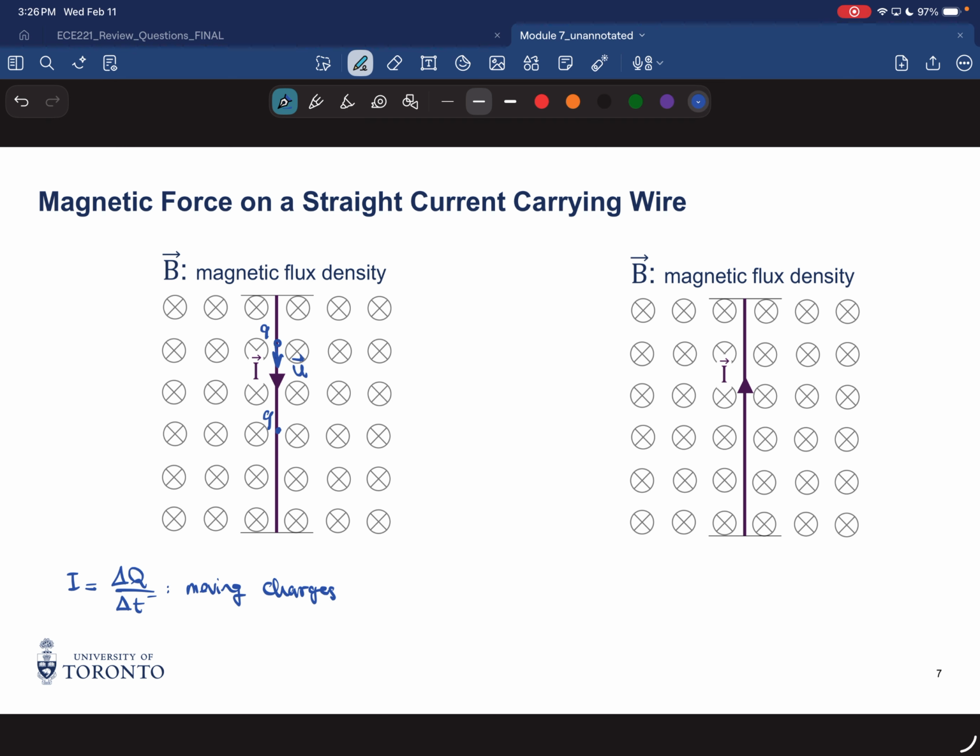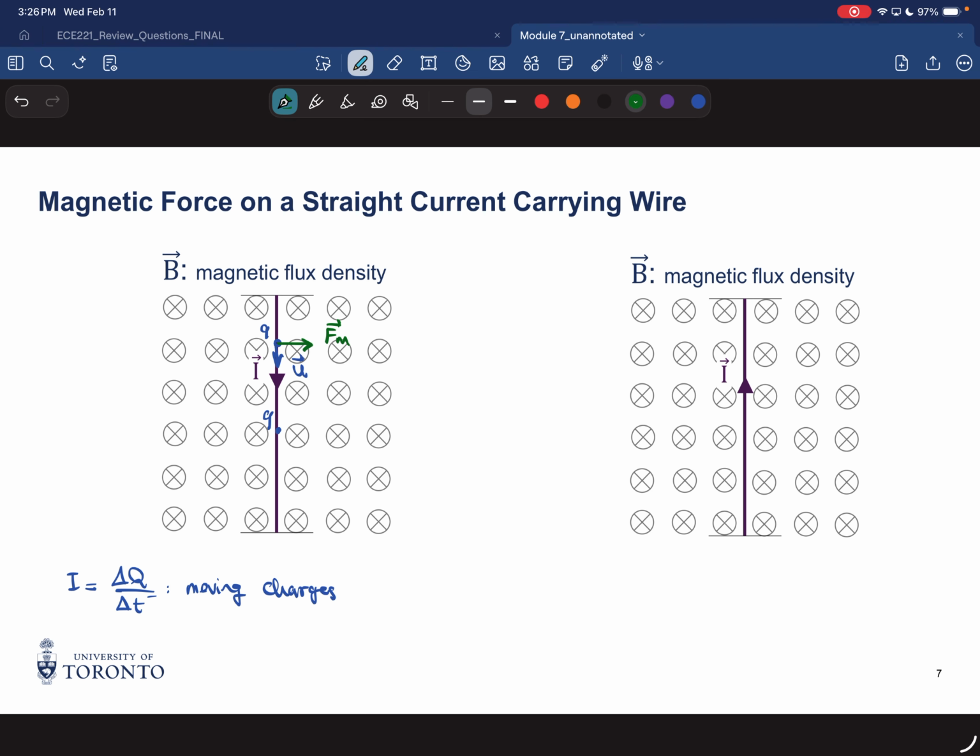So, what is the force on that Q? The magnetic force. U cross B. So here, as Nis said, palm of your hand towards the magnetic field, your fingers showing U, then the thumb is going to be showing FM.